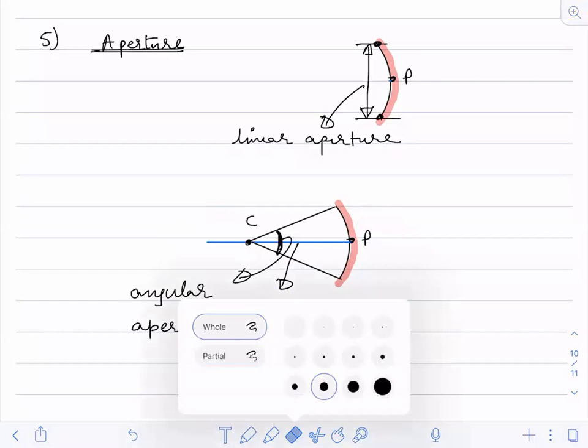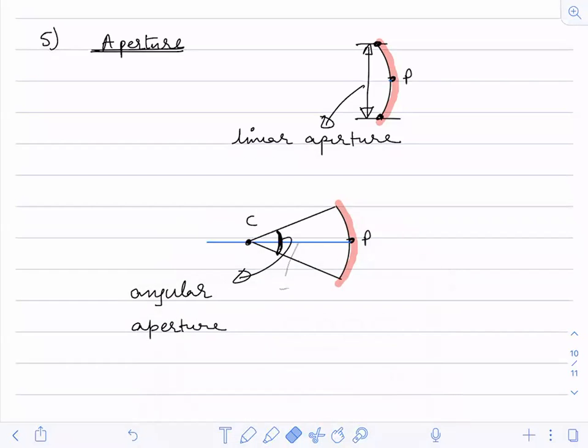I hope you have understood this. Yes, angular aperture is the angle. Is it clear to everyone?